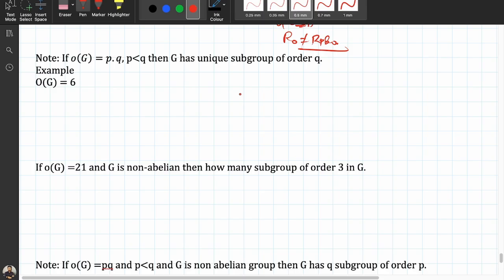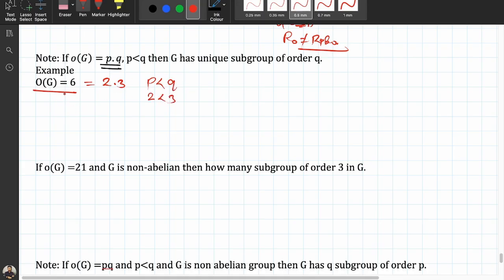Okay, next some results are there. If the order of a group is P into Q, with P less than Q, then G has a unique subgroup of order Q. That is simple. It means, for example, 2 into 3. What is P? P less than Q, so P is 2, less than 3.